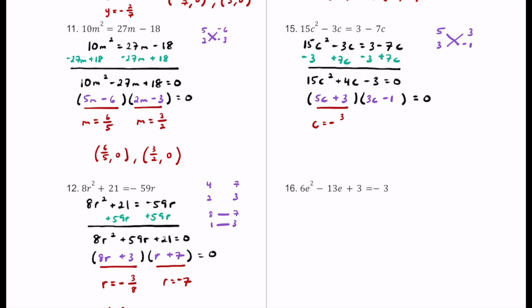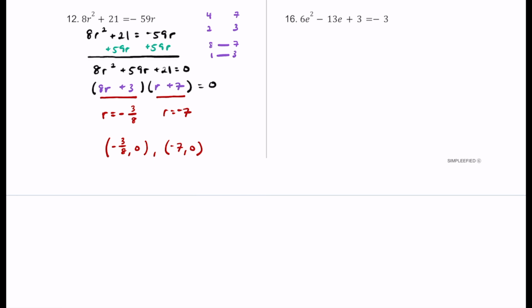We would like a 3 on top and a 5 on bottom, so the 5s would cross cancel and we're left with a negative 3. For the second binomial here, we have a negative 1, so we would like a positive 1 on top, and we would like a 3 on bottom, so the 3s will cross cancel, and we're left with a positive 1. Now our 2 solutions here are going to be negative 3/5 comma 0, and the other one's going to be 1/3 comma 0.